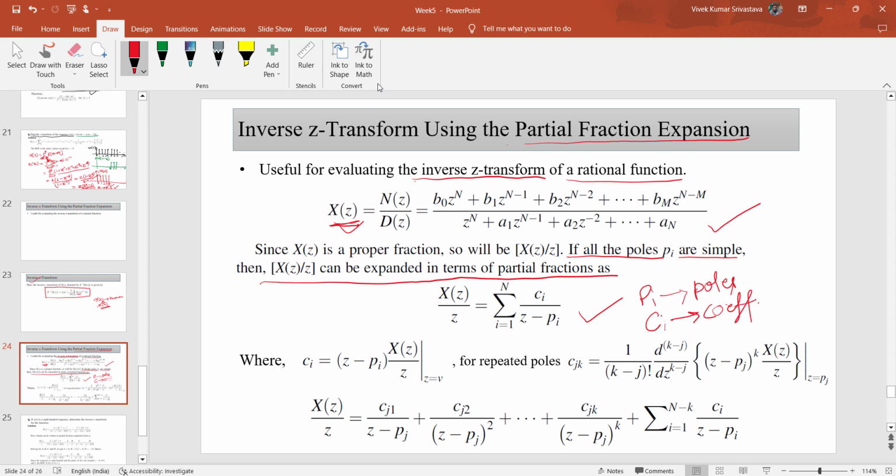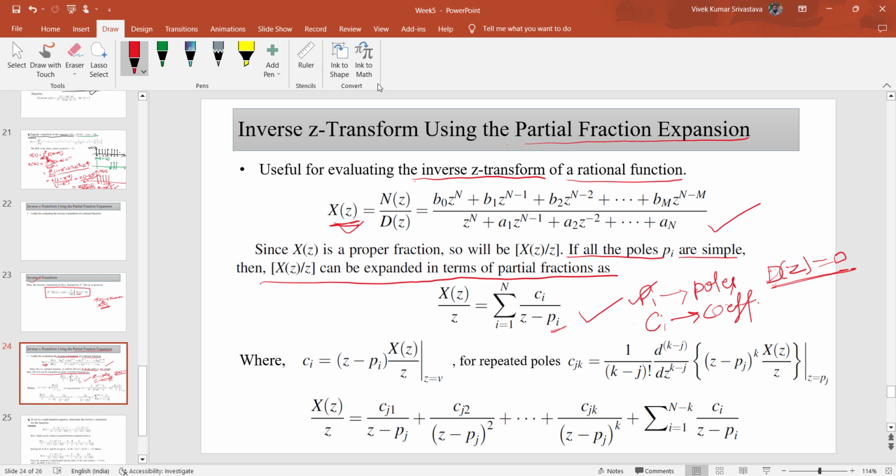This pole you can easily get by using D of z equals 0. By evaluating this, you can easily evaluate the poles.